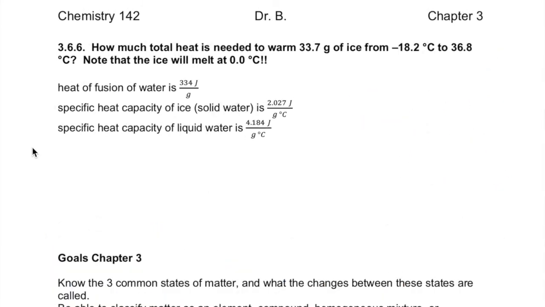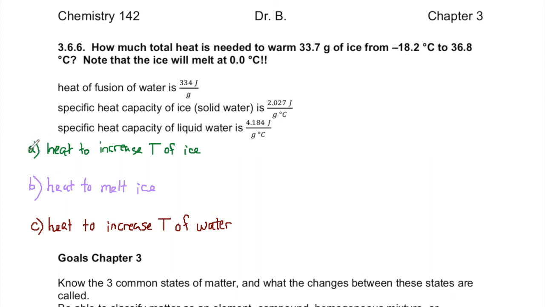I had to get the graph out of the way, so let's go ahead and write this in a list form. So part A, the first thing we need to do is to increase the temperature of the ice. The change in temperature of the ice is going from negative 18.2 degrees Celsius to the melting point of 0 degrees Celsius.